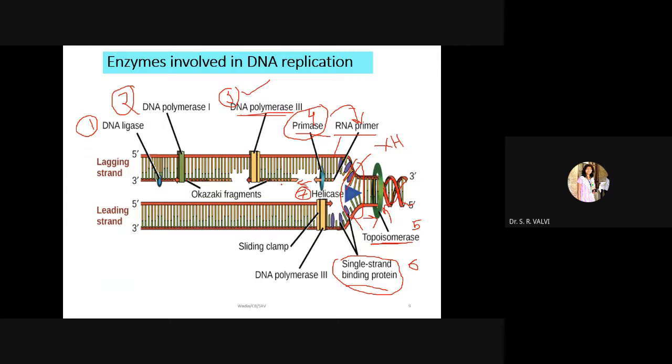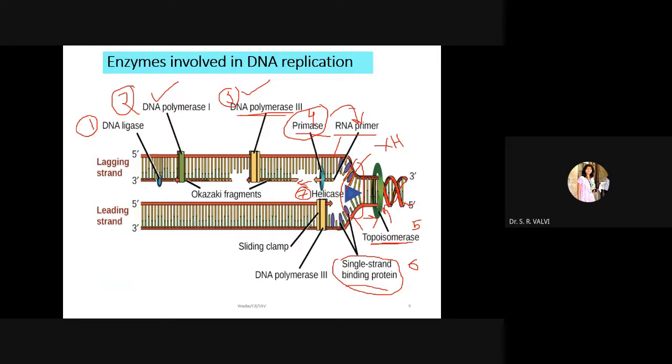Now you can come to the next enzyme, that is DNA polymerase I. What is the main function of DNA polymerase III? It extends the primers, and hence we observe the long strand of newly synthesized DNA. In the case of DNA polymerase I, these RNA primers are removed. It is a totally opposite function to DNA polymerase III, which extends the primer added by the primase enzyme, right?